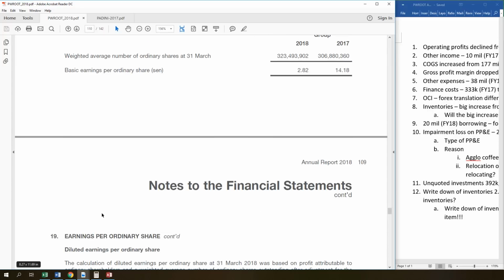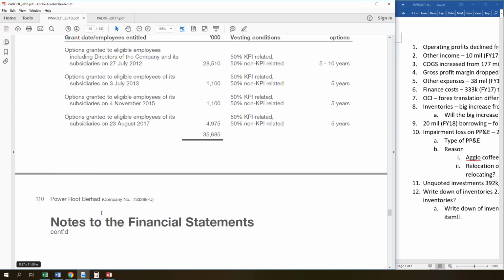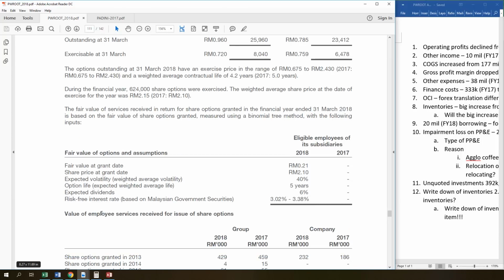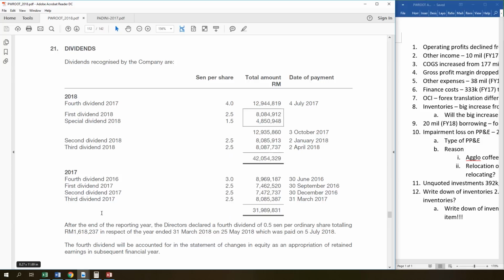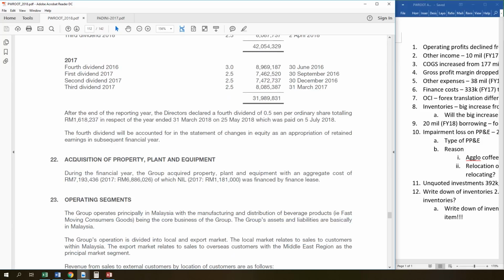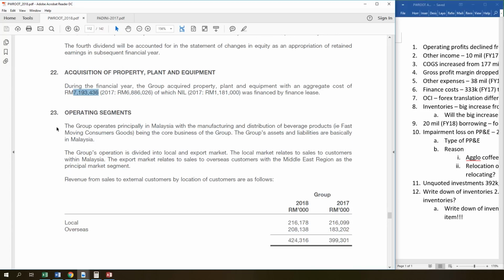Alright, we know there's a big decrease. Employee benefits. Okay. I think we can skip this one. Dividends. Nothing much. Acquisition of PP&E. So here you mentioned, yeah, there was about 7.2 million of capex.